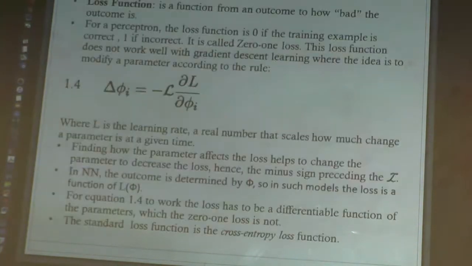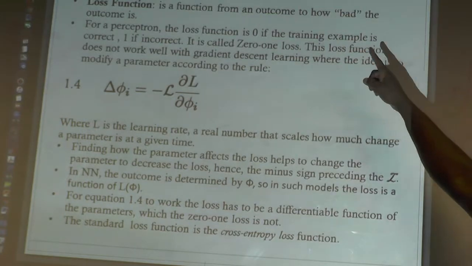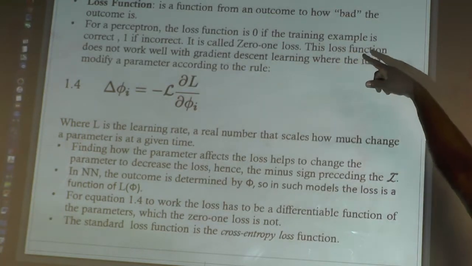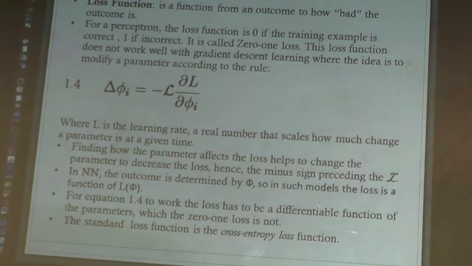What is loss function? Simple. Coming back to your question here. Loss function is to determine an outcome, that is, how bad the outcome is. Why is it that we are not using how good? No. In classification, it's a question of error, mistake.